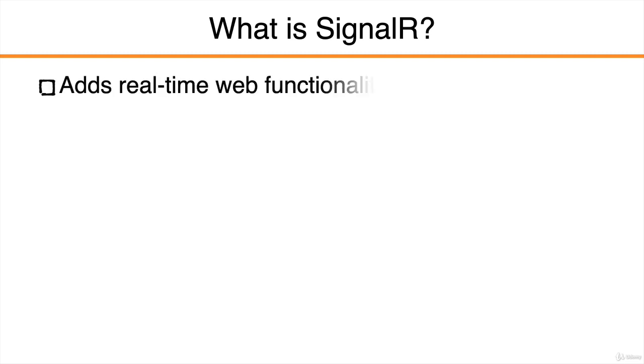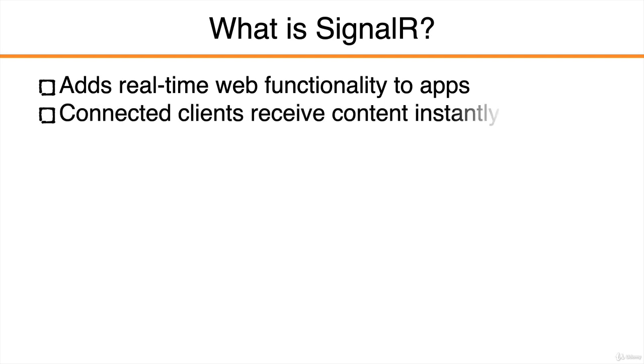So what is SignalR? Well, it adds real-time web functionality to apps. And any clients that connect to SignalR receive content instantly. Now, we've been using our API to receive content, and our clients do not maintain a connection with our API. Anytime they want to get updated data, they specifically have to make a request to go and get that data, and then it's sent back to the client, and then our connection is abandoned in the case of our current situation.